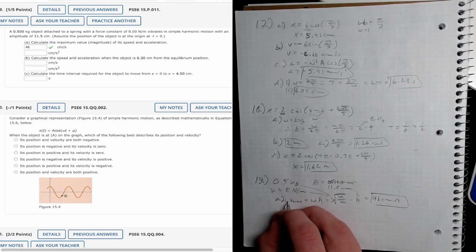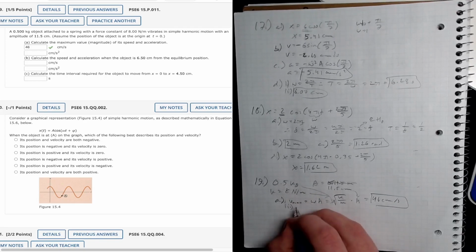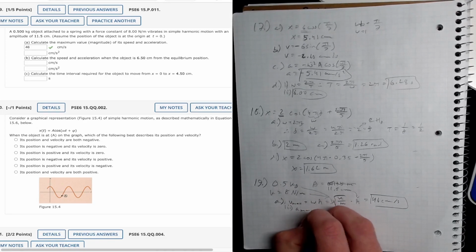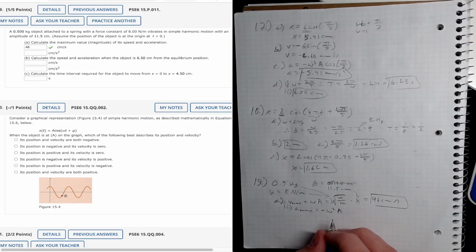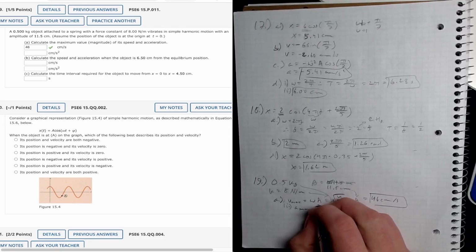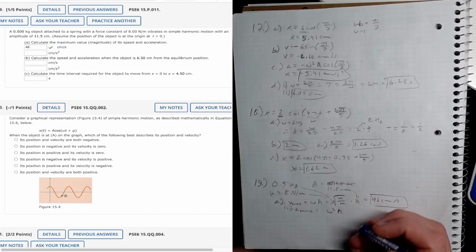Alright. And then the second part is for a max equals negative w squared times A. Oh, it's just going to be the absolute value of that, sorry.